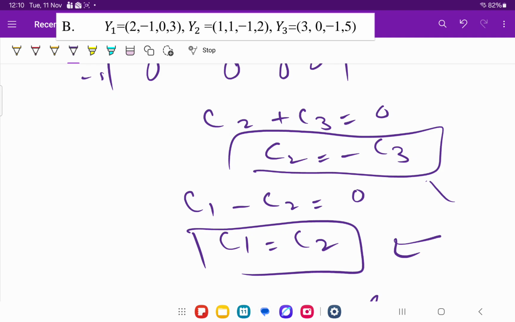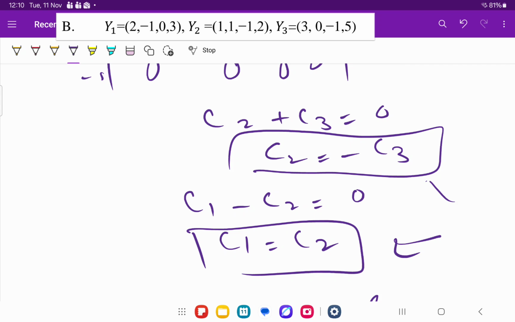What if I change the columns? When we apply matrix operations, you have to choose one way, whether you want to apply the column operations or the row operations. Once you choose the column operation, in between you cannot switch.